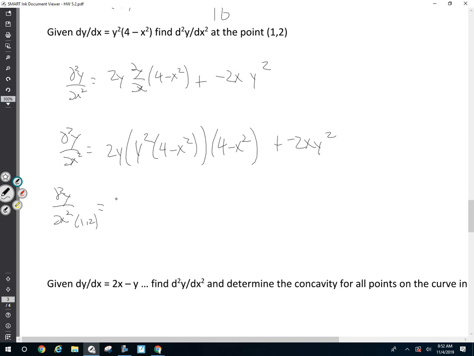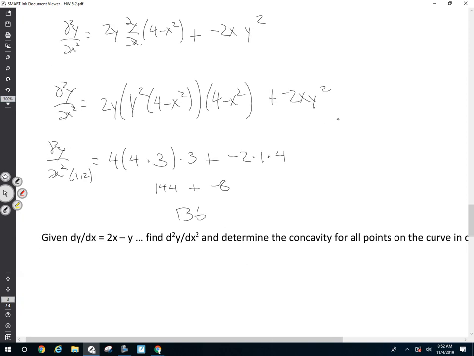I get 4 times 4 times 3 times 3 plus negative 2 times 1 times 4. So 9 times 16 is 144 plus negative 8, 136.